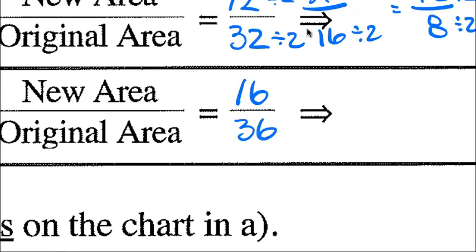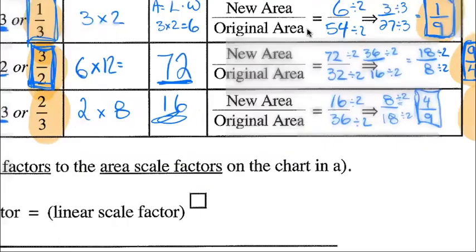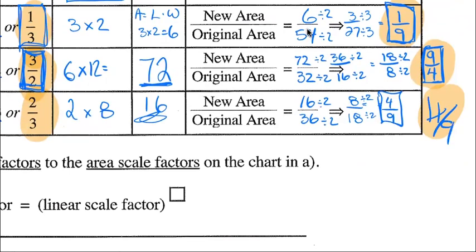Both of those divide by 2. Gives me 8 over 18. Again, they divide by 2. That gives me 4 over 9, reduced. And then maybe you were able to predict that that was actually going to be 4/9. Because if you see this, that's what we're going to be looking at compared to this.